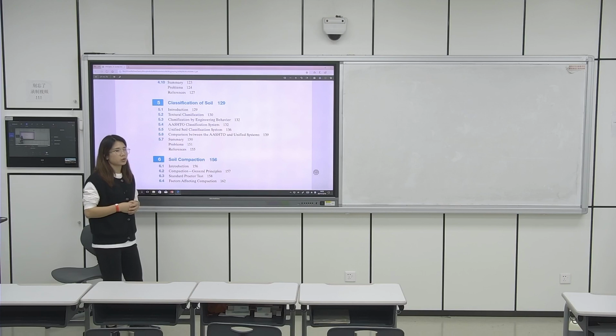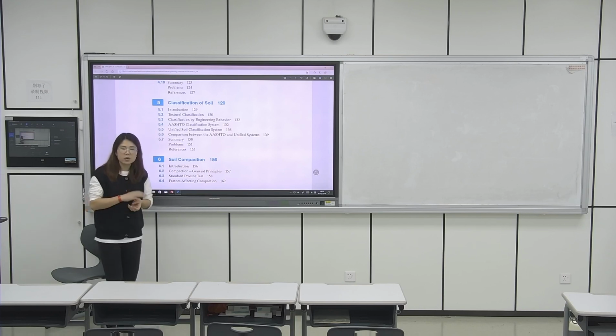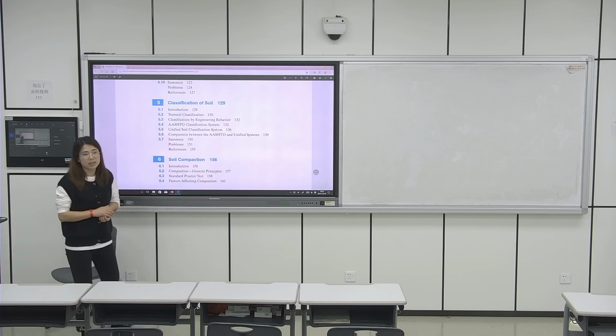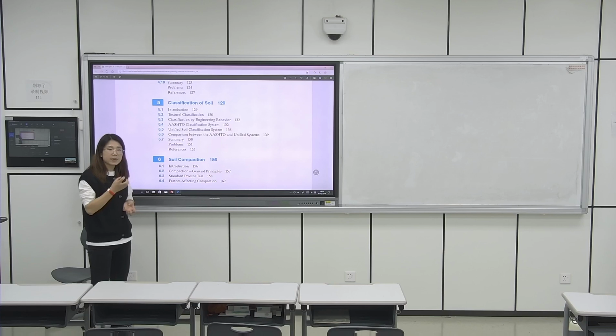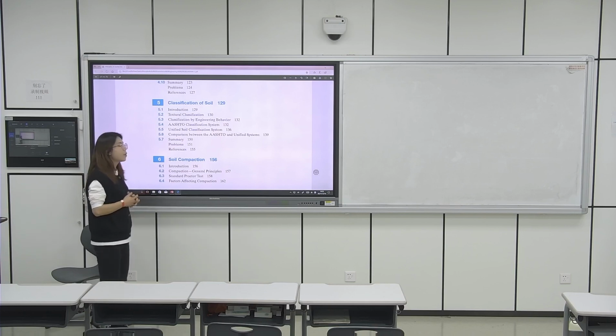Just try to remember. And the other two methods are based on the liquid limit and plastic index, as well as the particle size distribution of soil, to do the classification, right? Remember those big tables.